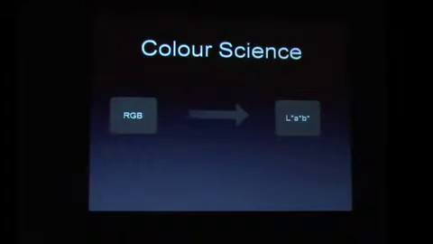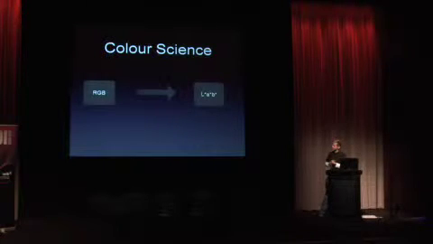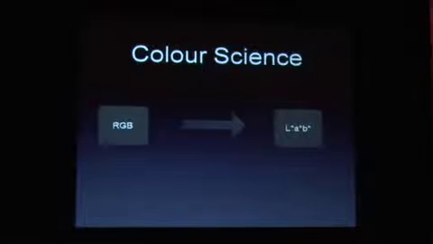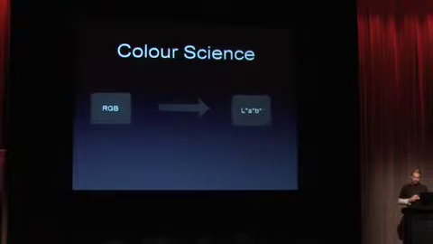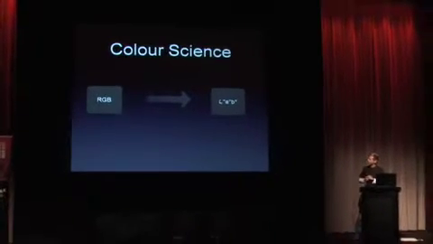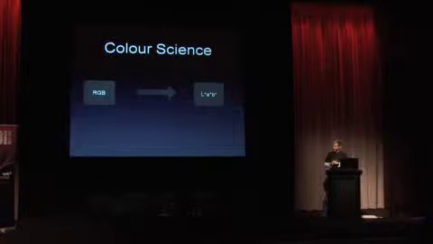I'm just going to touch on one little subject of color science, which is the way we are able to create a transformation and a link between an RGB color, which is what your computers are creating, what you're rendering, what your game engine is outputting, and the so-called LAB color space, which is effectively the ultimate color space that we have, because it takes into account perception, the way our eye is going to see the colors.